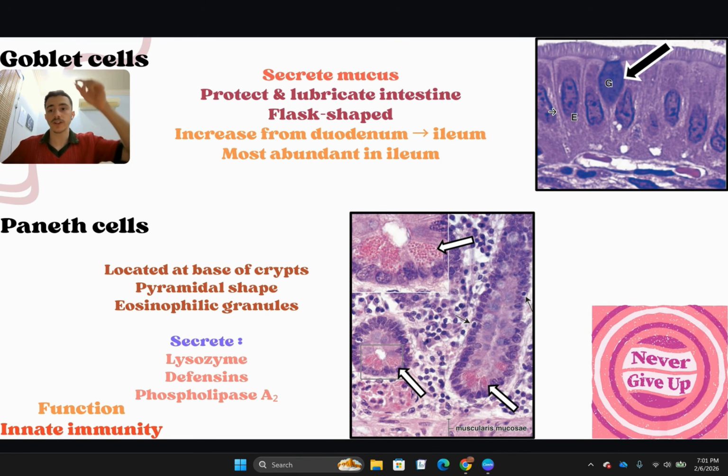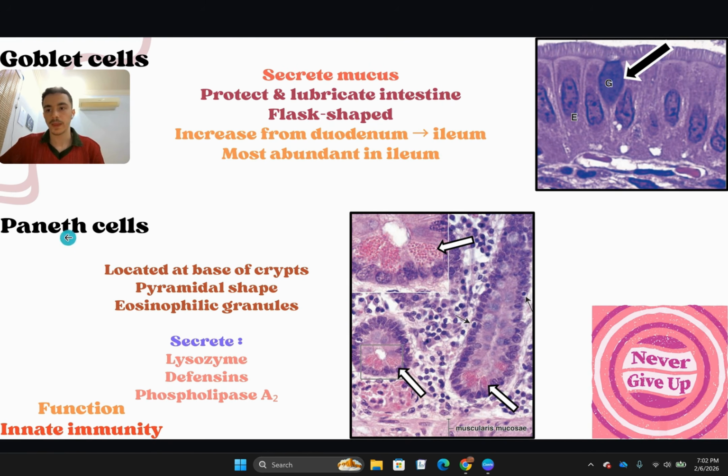That's why they are most abundant in the ileum. But put that in your mind: not in the whole GIT tract, only in the small intestine, because the rectum, the last part, has even more. So when I said most abundant, it's only in the three parts of the small intestine: duodenum, jejunum, ileum.